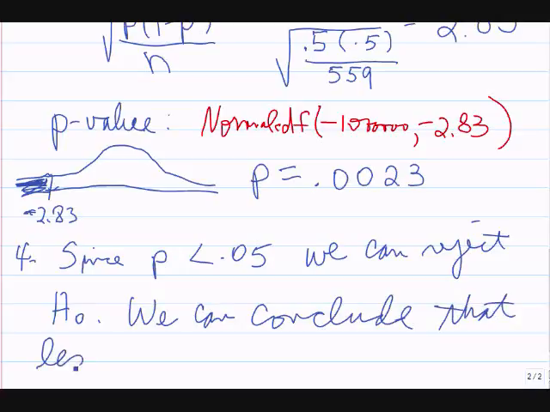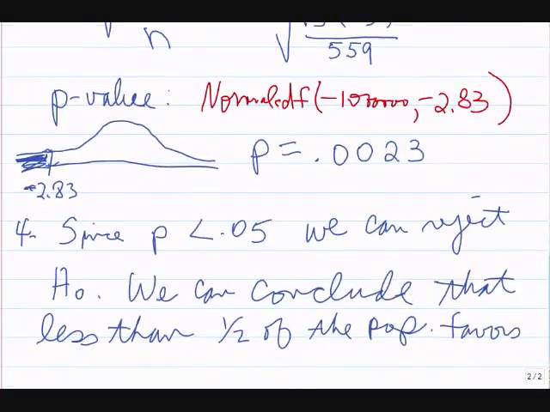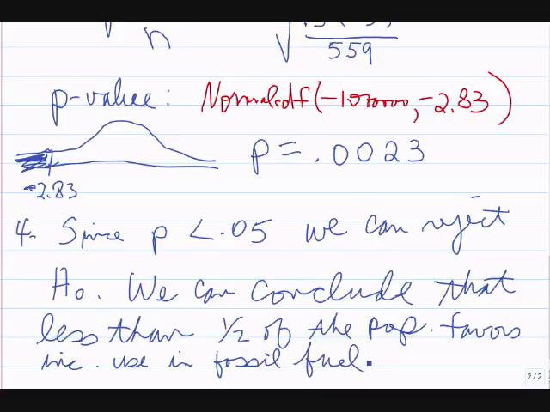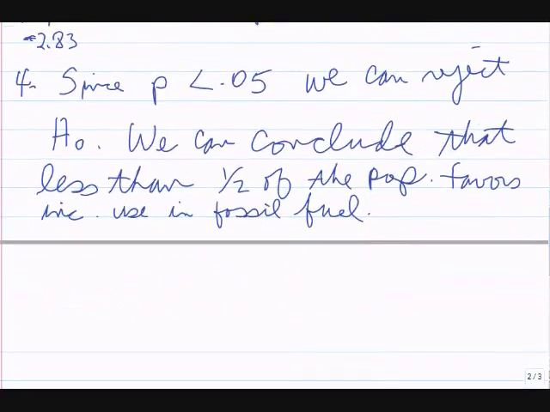That less than half of the population favors increased use in fossil fuels. If they understood what the question meant. I'm not sure that I understand it. Okay. So there's the significance test.